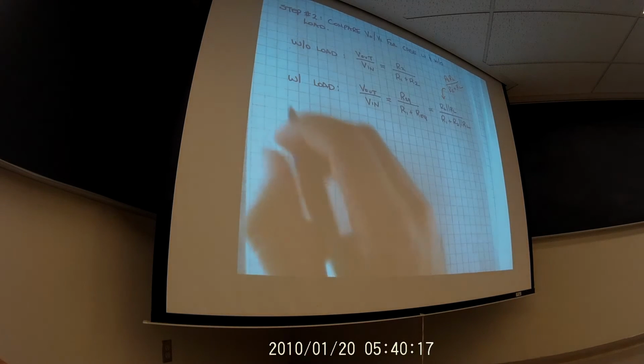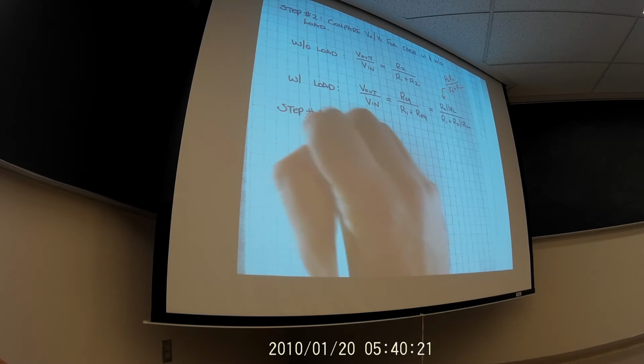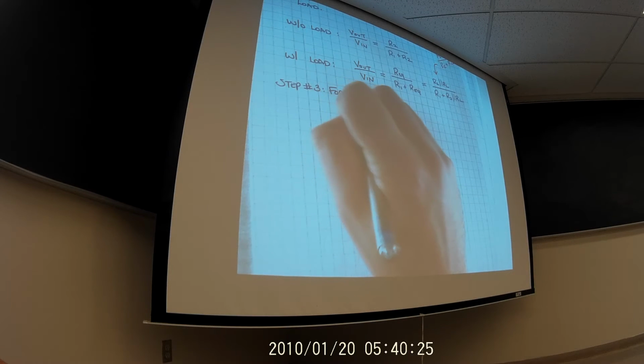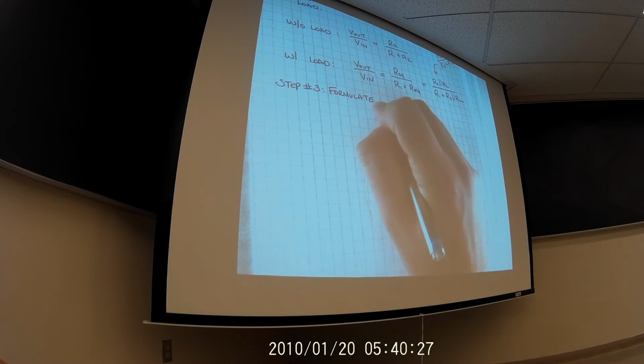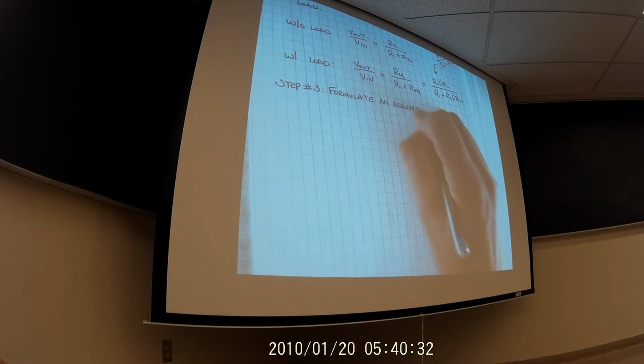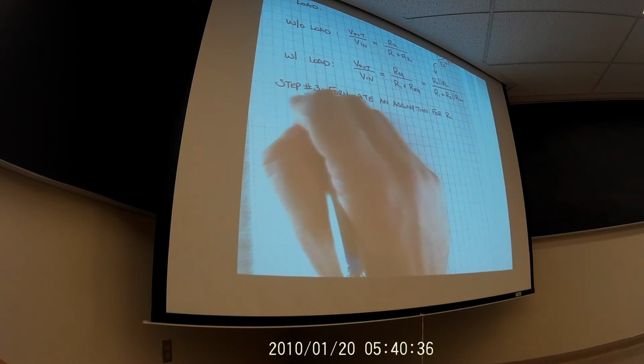So step 3 is to formulate an assumption for RL that allows us to ignore it.